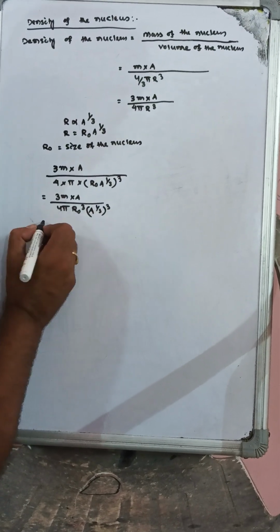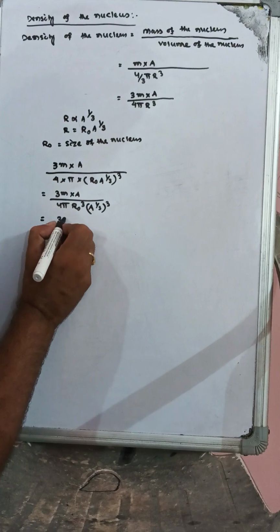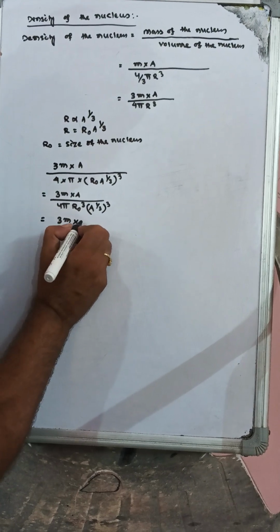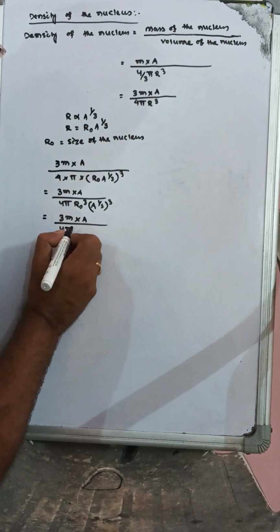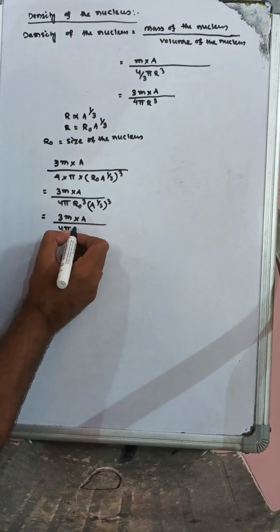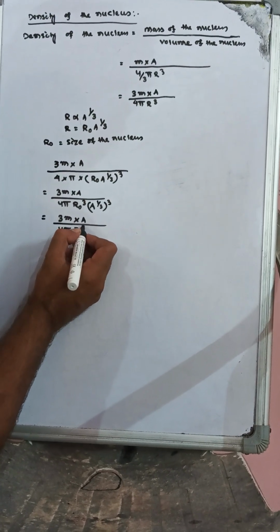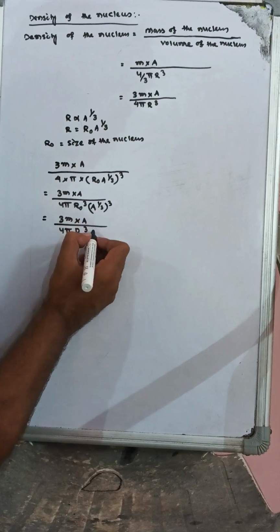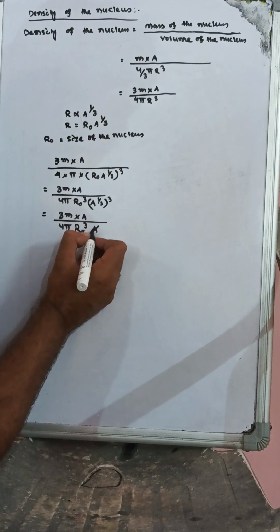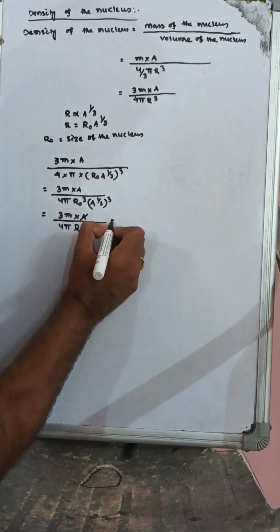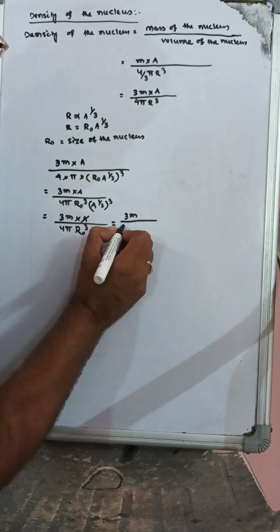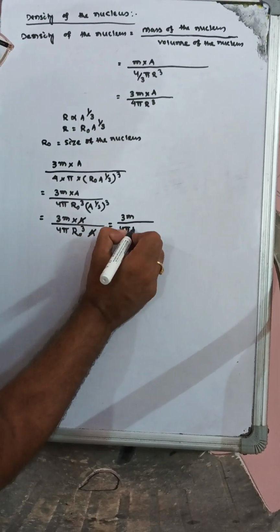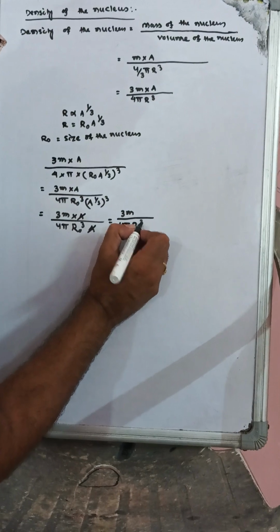This 3 will be cancelled. Then 3m into a divided by 4 pi r0 cube into a. Okay, a will be cancelled. Then 3m divided by 4 pi r0 cube.